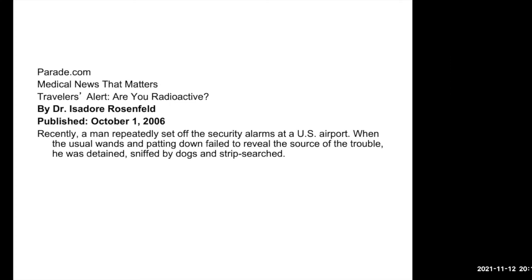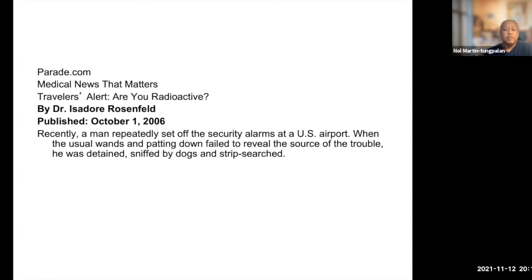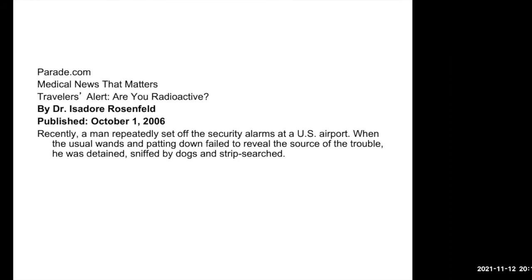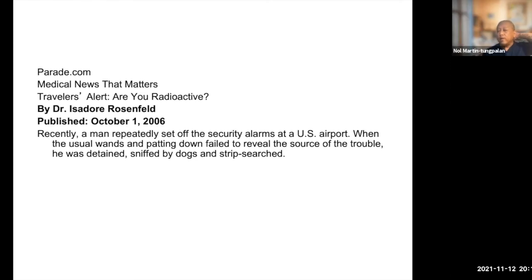Anybody else? Someone might have thought that he was a terrorist, right? Because of 9/11 and stuff. What is the question we're supposed to be responding to with this one? Well, I'm just asking what was happening here, right? Because basically they apprehended this guy because the alarms were going off, but they couldn't find anything.